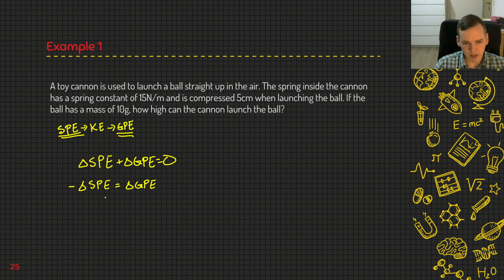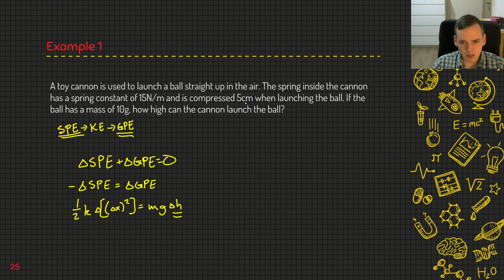The reason I'm putting the negative on the spring potential energy will make sense in just a second. So spring potential energy is 1/2 k times delta x squared, and GPE change is mg delta h. So you'll notice I know everything but my delta h, which is what I want to solve for.